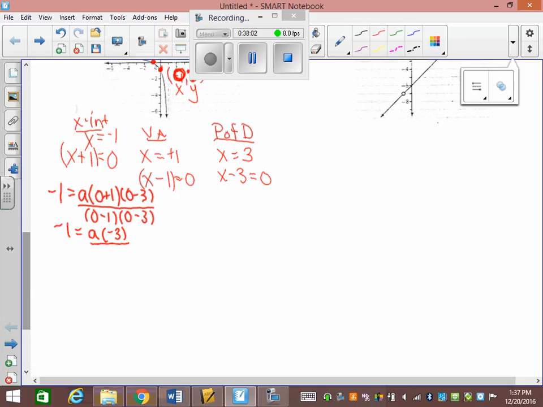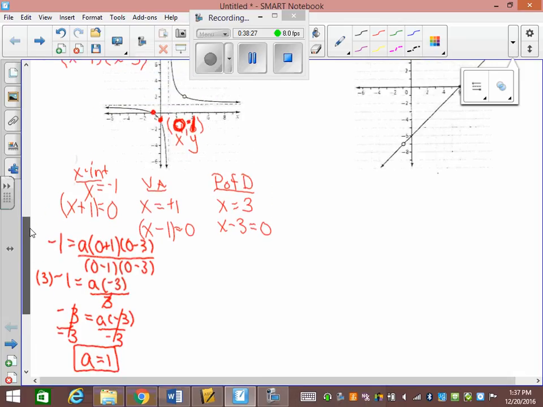So negative 3. Negative 1 times negative 3, positive 3. I'm going to bring the 3 up. Negative 3 equals A times negative 3. Divide by negative 3. A equals 1. Most of the time, these won't have a stretch factor, but you still have to check for it just in case they do. Okay?